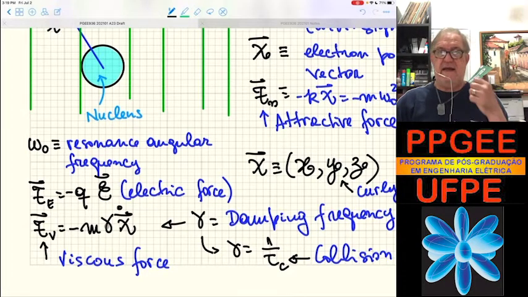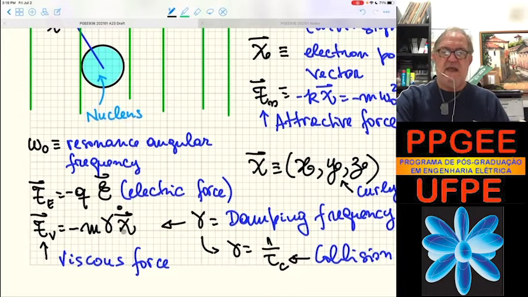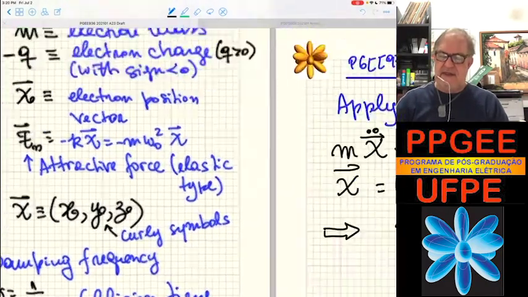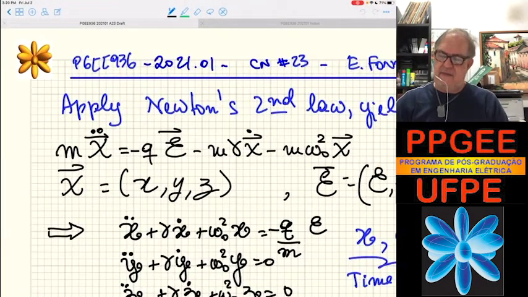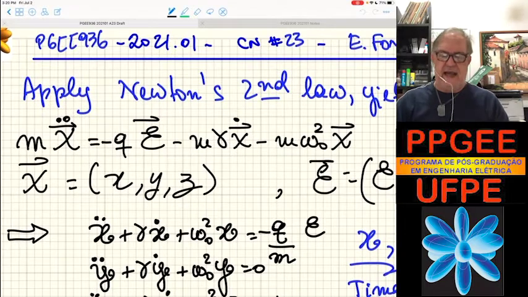So we have a restoring force, an electric force, and a damping viscous force.